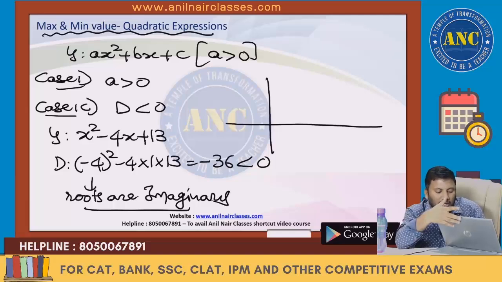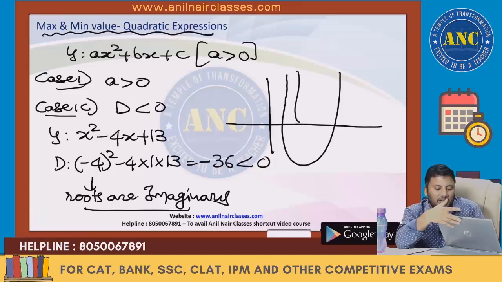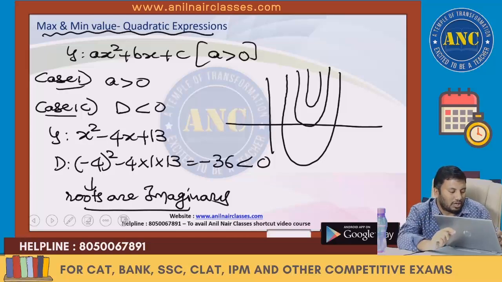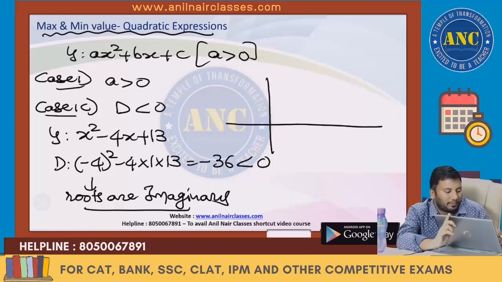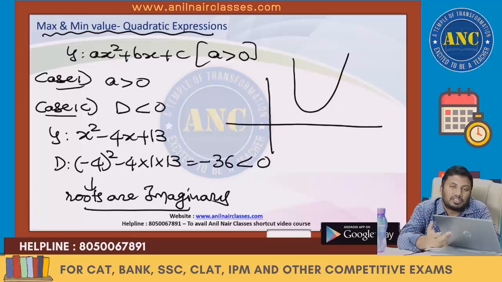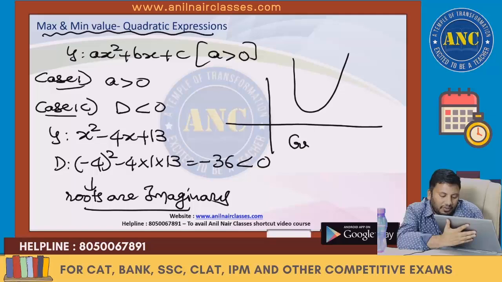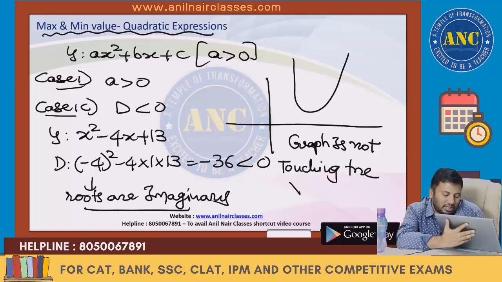So the first one, if you visualize it, is like this. Second one is like this. Third one is like this. So we will draw that third one. Slowly it is becoming like this. The graph is not touching the x-axis.